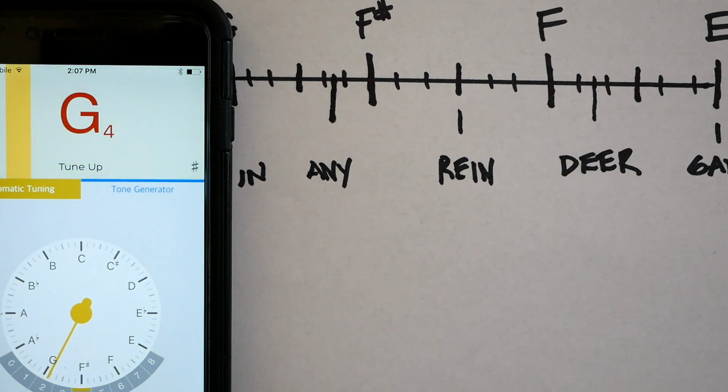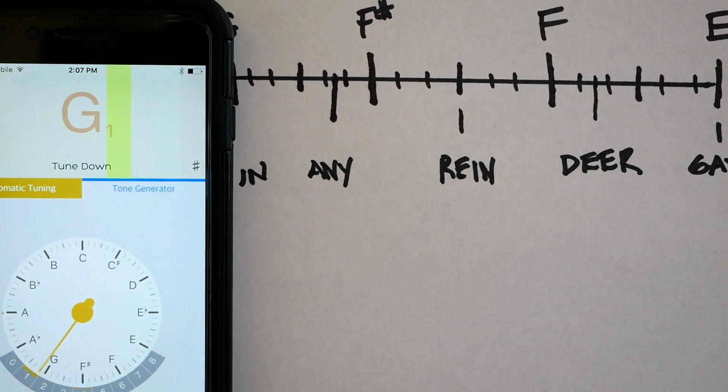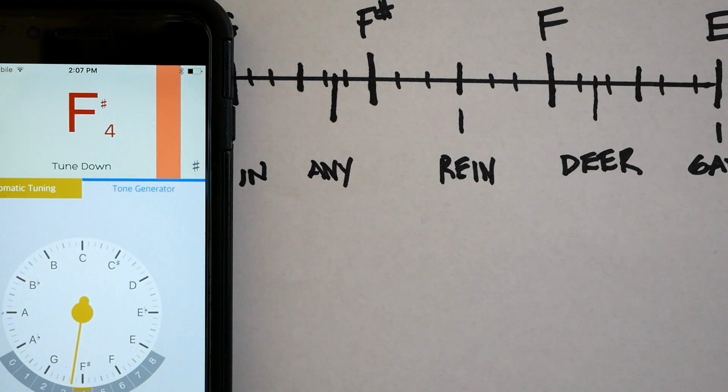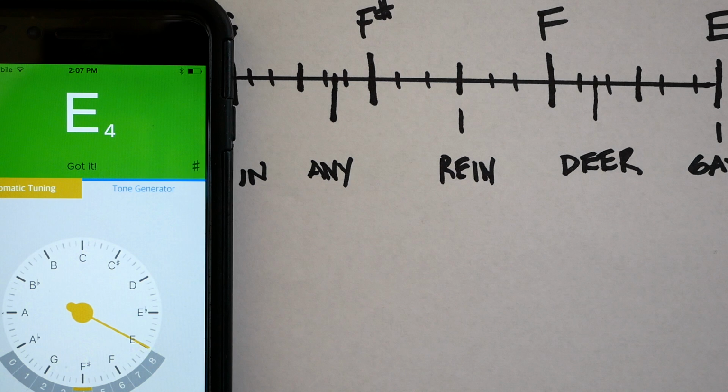Join in. There we go. Join in. We try again. Join in. I was a little flat on my E, but I kind of nailed the ones in between, didn't I?